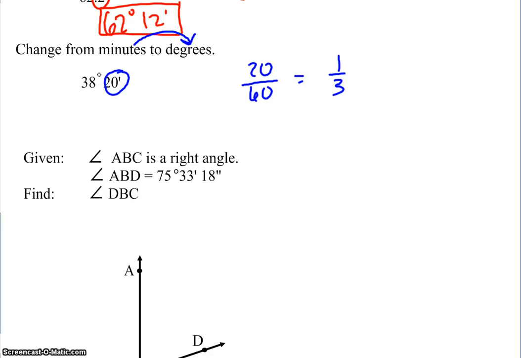So notice that to end in minutes, you've got to multiply by 60, and to end in degrees, you've got to divide by 60. So 20 out of 60 is another 1/3 of a degree. So this is really 38 and another 1/3 degrees.